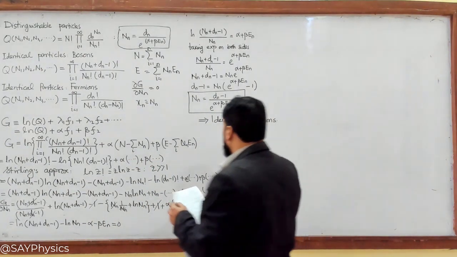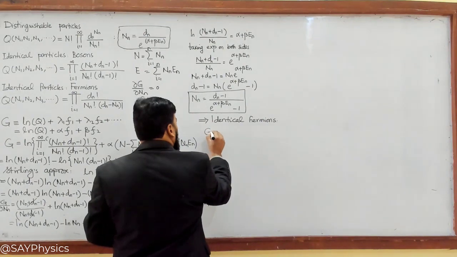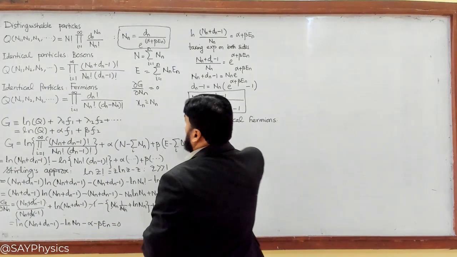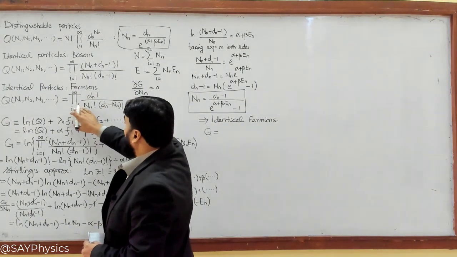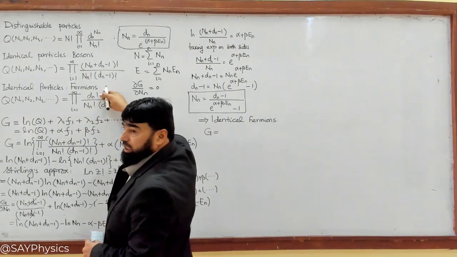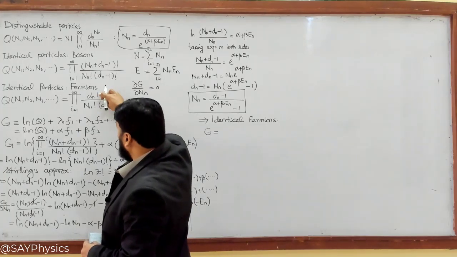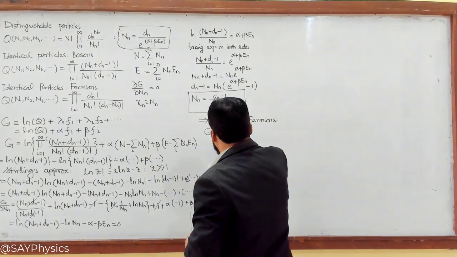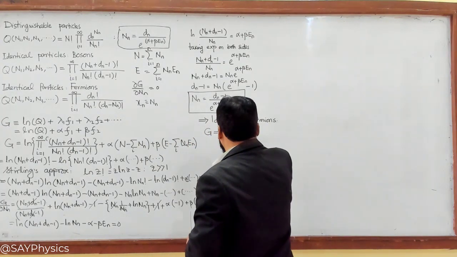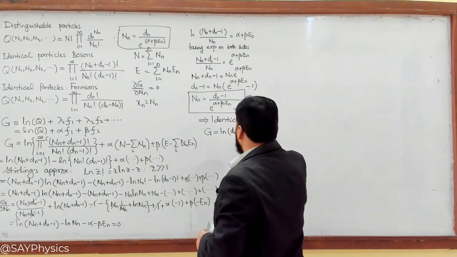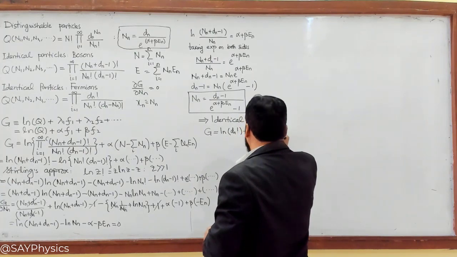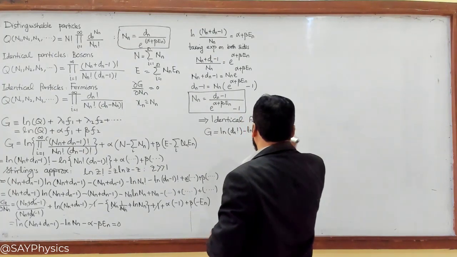And we will first write our G, and G is equal to log of this thing. So when you take log of this, then it will be log of dn minus log of this. So the log Q will be log of dn factorial minus log of nn factorial and dn minus nn whole factorial.